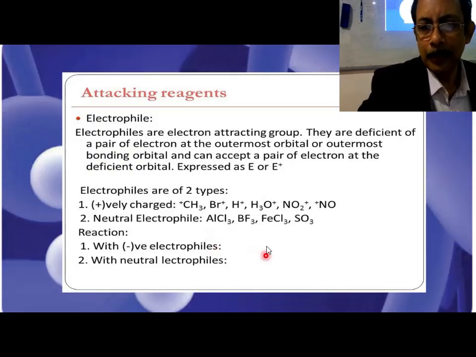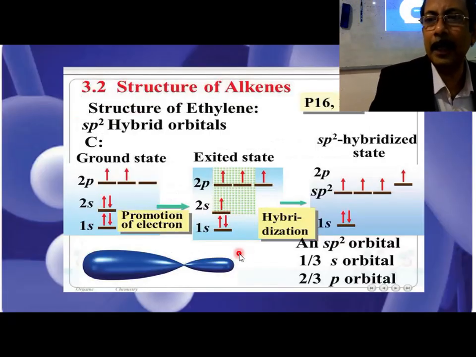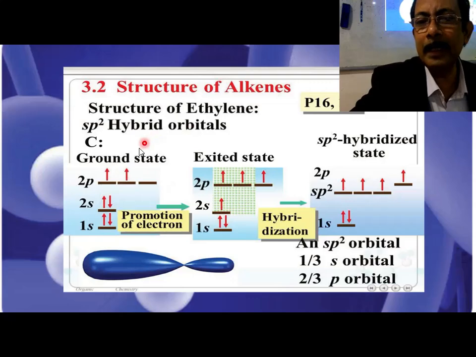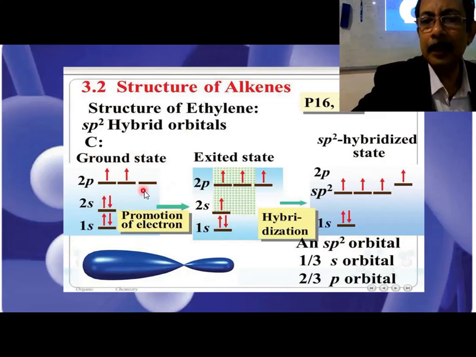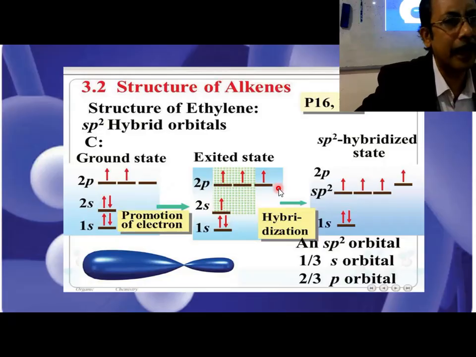Now, reaction with a positive electrophile or neutral electrophile will happen here. Structure of alkenes is like this. Carbon in the excited state has tetracovalent structure. One 2s orbital and three p orbitals are involved, giving sp3 hybridization, and there are 4 bonds possible.